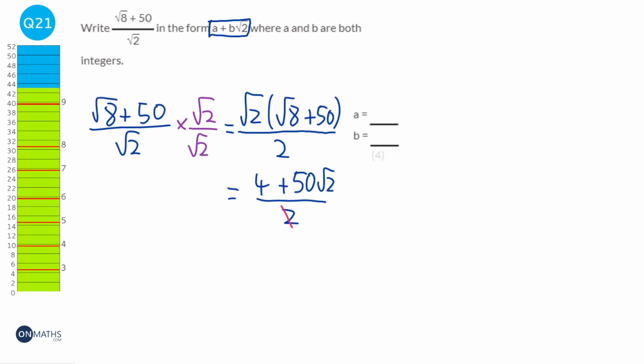Now notice you've got to do all three terms, so we've got to divide this by 2 as well. So our answer will be 2 plus 25 root 2. And it won't be over 2 anymore because we've got rid of that, so it's just not going to be a fraction. And so A would be the 2 and the B would be the 25.